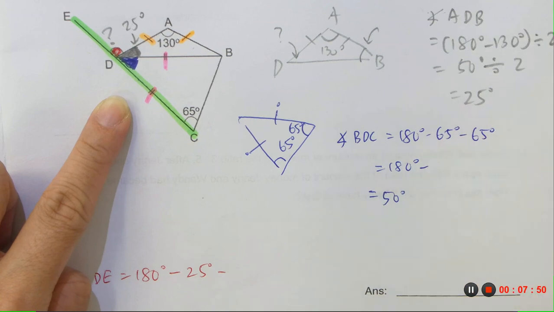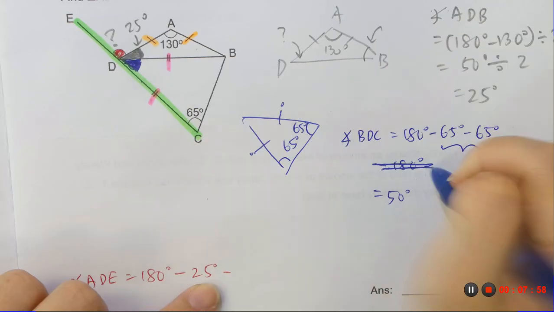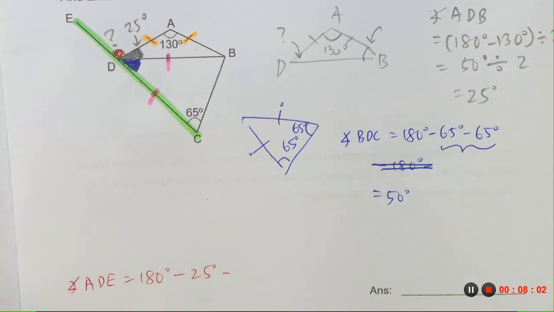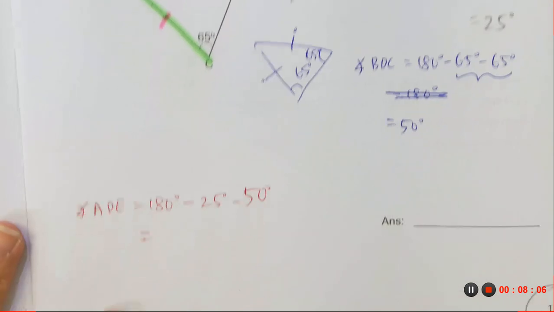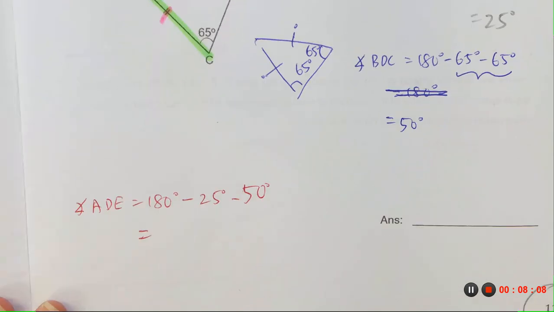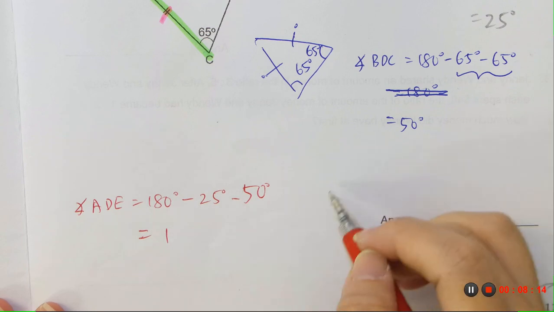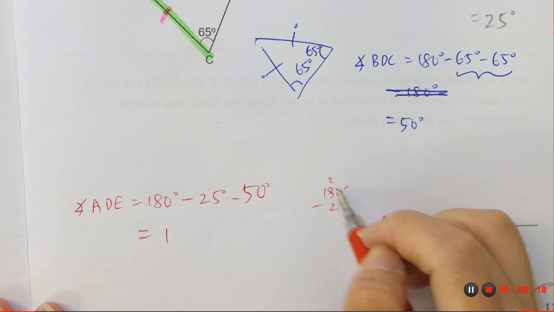Again, add them up one by one. Okay, that's 130. Okay, 50 degrees. So finally, I can find the red angle, which is minus 50. 130 minus 25 will be 105.